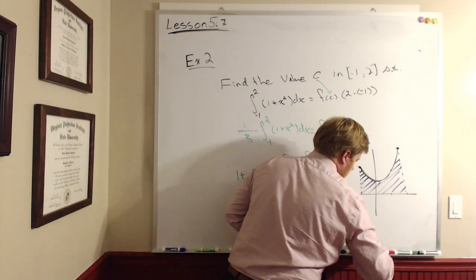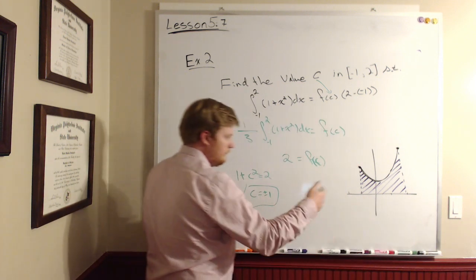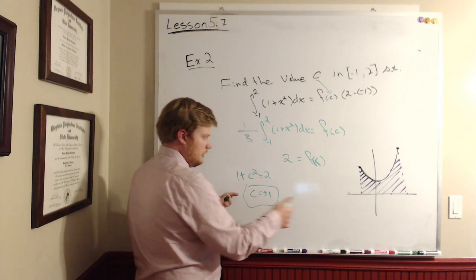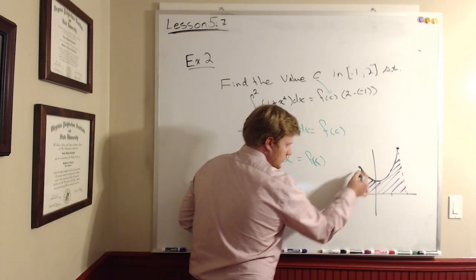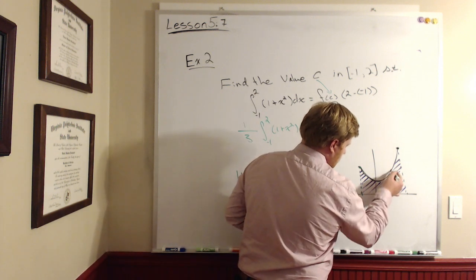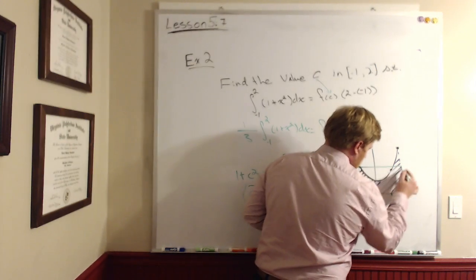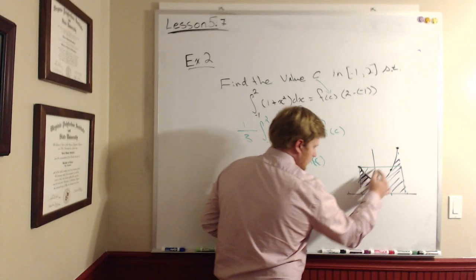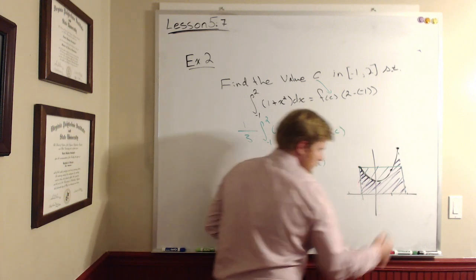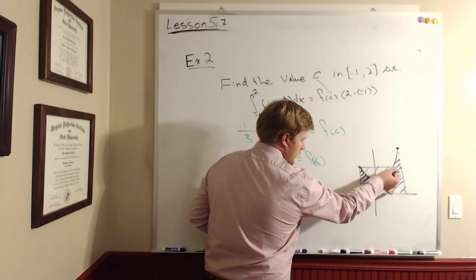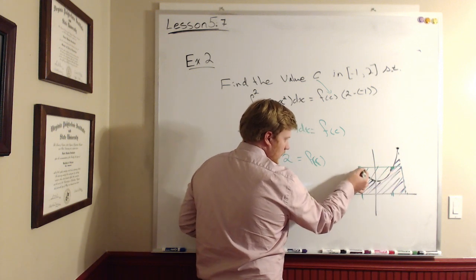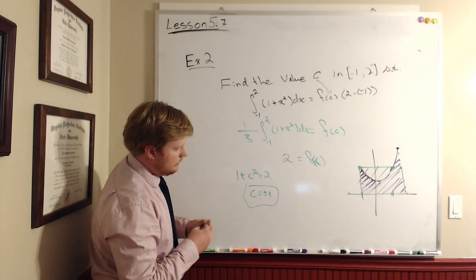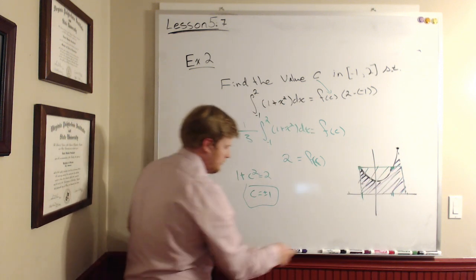And we wanted to know, what values of x do I get the average value? And it just so happens, now my graph's a little bit off here, but it should be 1 and -1. Okay. Graphically, that's what's happening there.